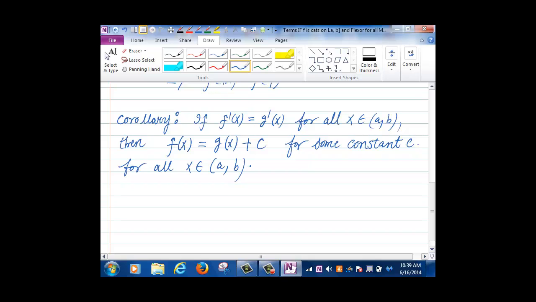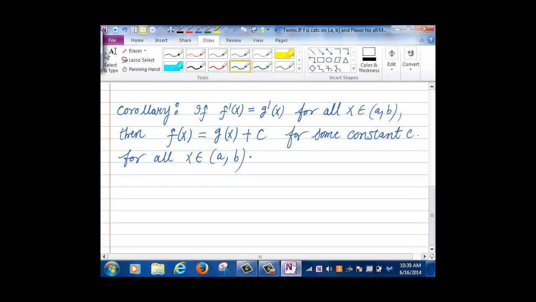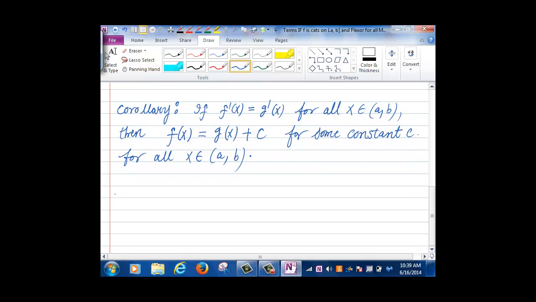So how do we see this? Well, the way we justify this is that we look at the function h of x, which is given by f of x minus g of x.